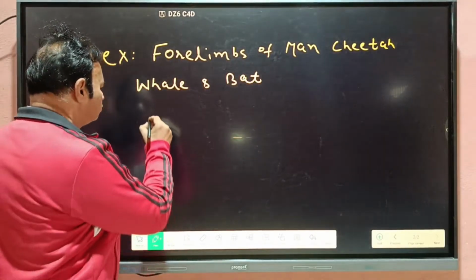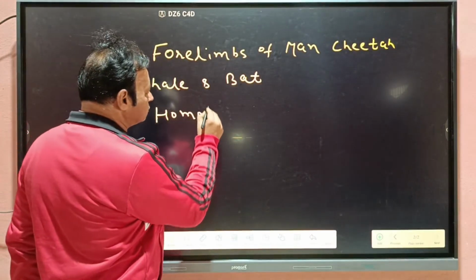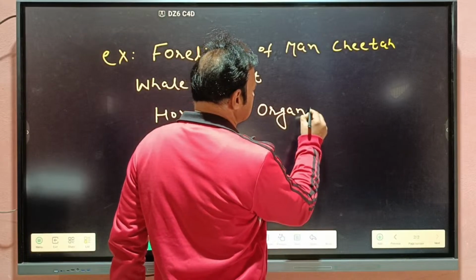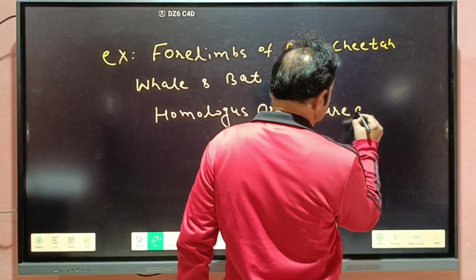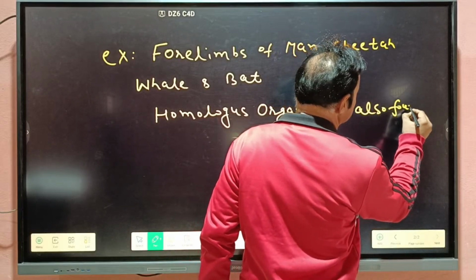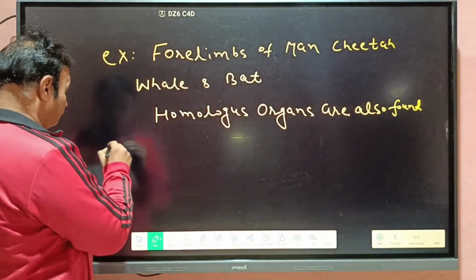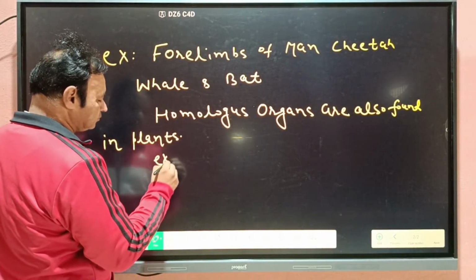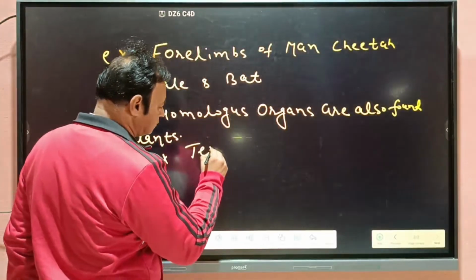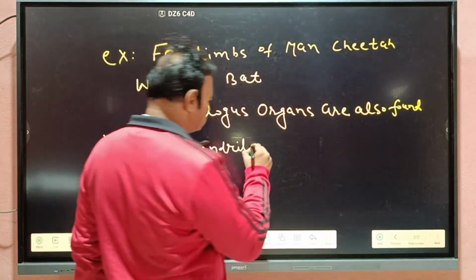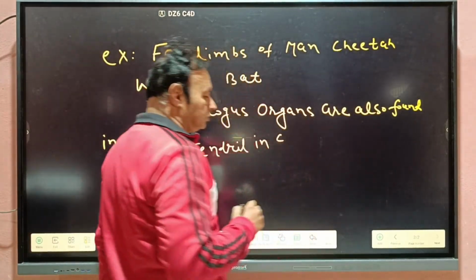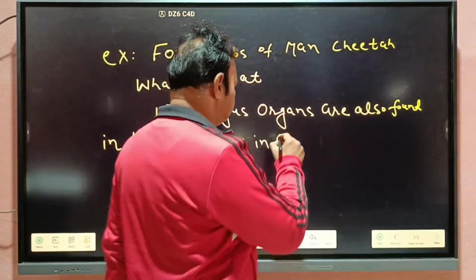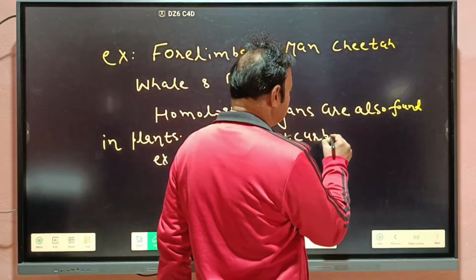For example, tendrils and thorns. Tendril formation takes place in the cucurbita family, in cucurbits.